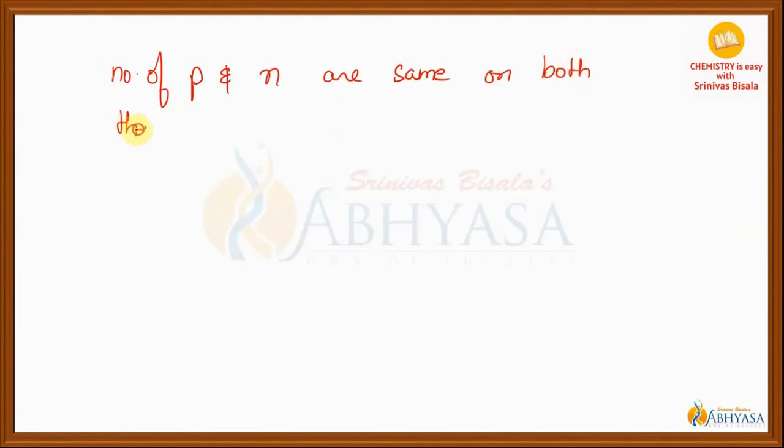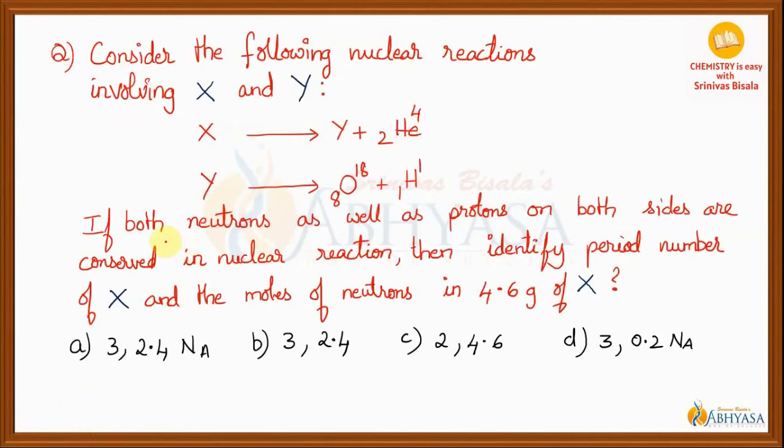On the left hand side as well as on the right hand side of the equation, the number of protons as well as neutrons are the same. That is the meaning of this statement.